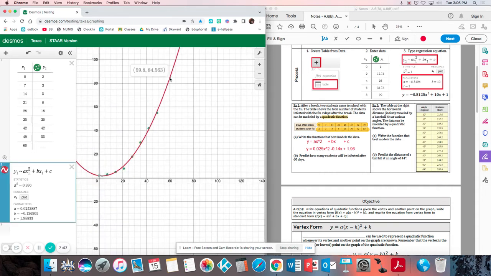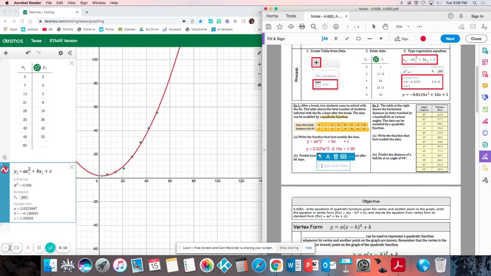Just keep going up, and you can see at 60, I had almost 85, and people can't be decimals, so I'm going to round it off to 85. So 85 people will be infected after 60 days.